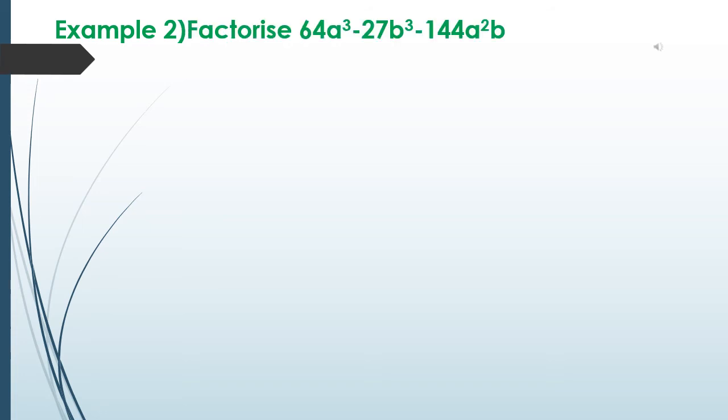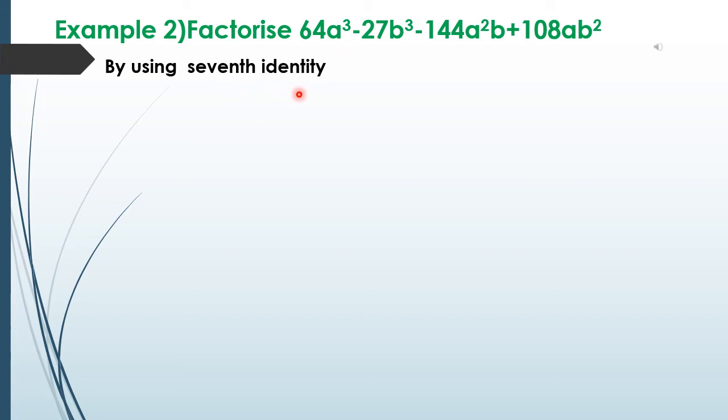Let us take the next example. Factorize 64a cube minus 27b cube minus 144a square b plus 108ab square. Let us see this expression. Since there are cube terms and negative terms, let us check if this expression follows the seventh identity.